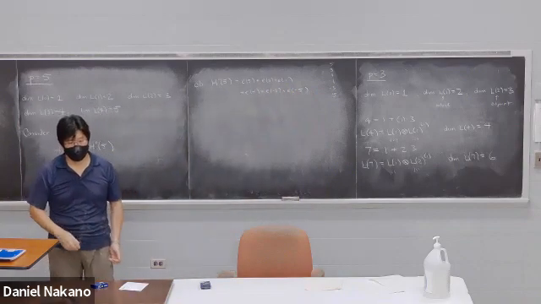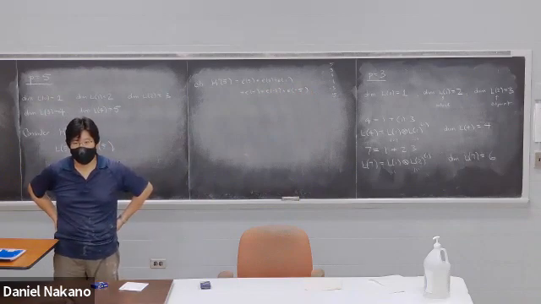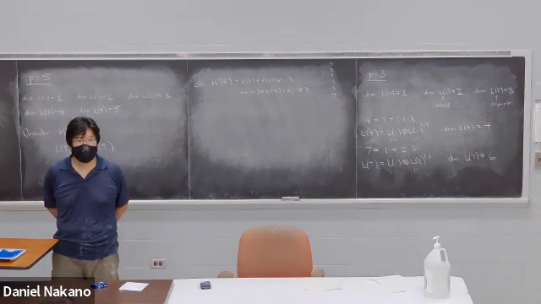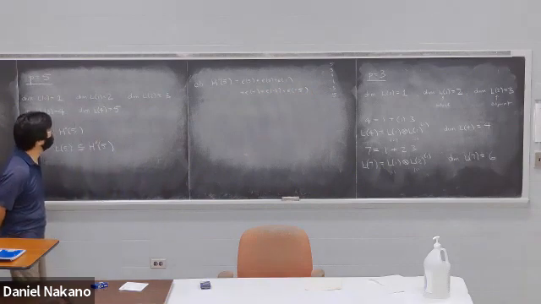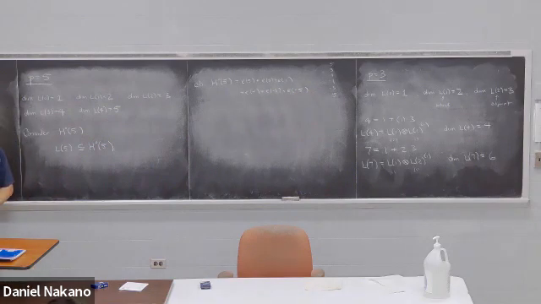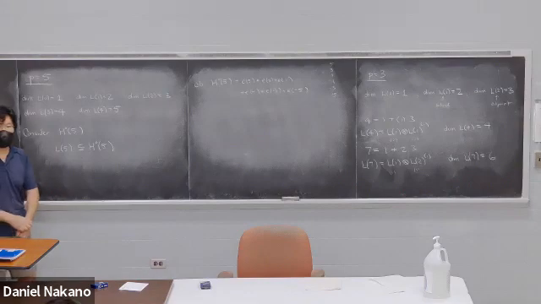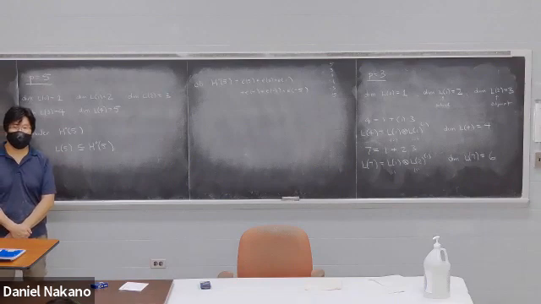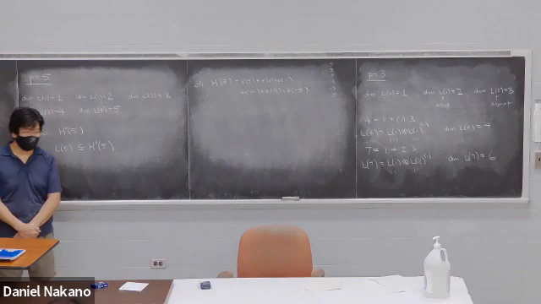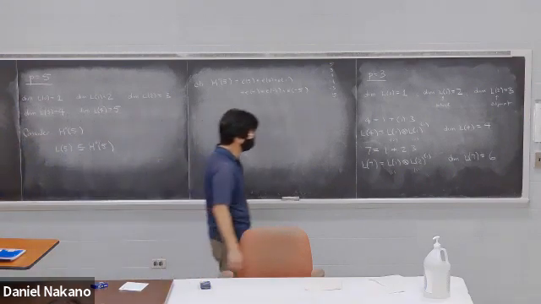How do we find the composition factors of H0 of 5? I know the character of this one. What do you think I should do next? Let's see how to do this.